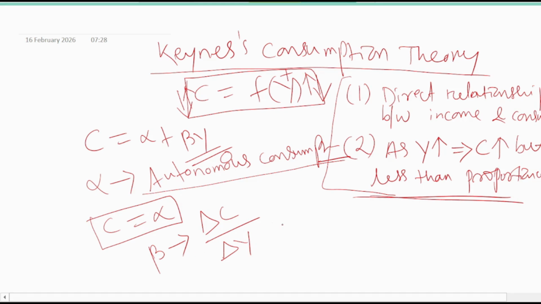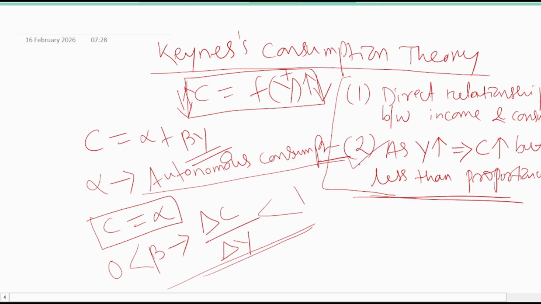And according to the psychological law of consumption, the marginal propensity to consume must lie between 0 and 1, and whether beta lies between 0 and 1 is given by the second point.